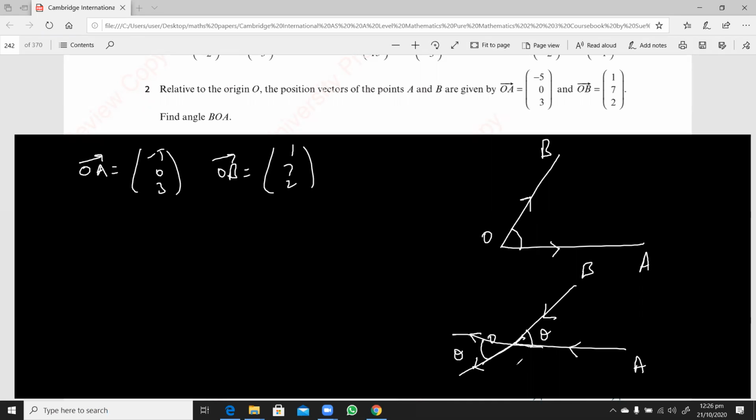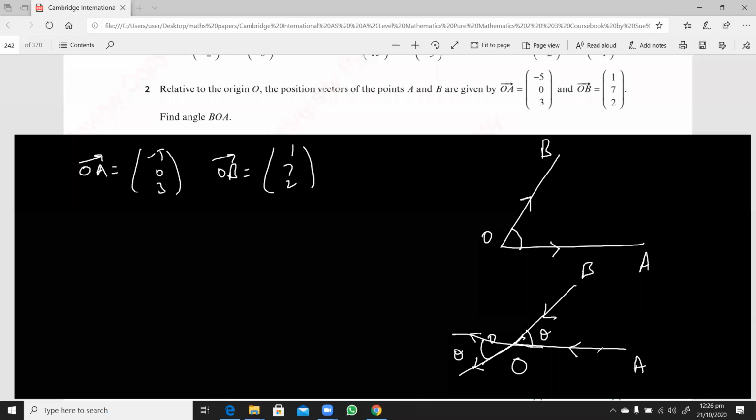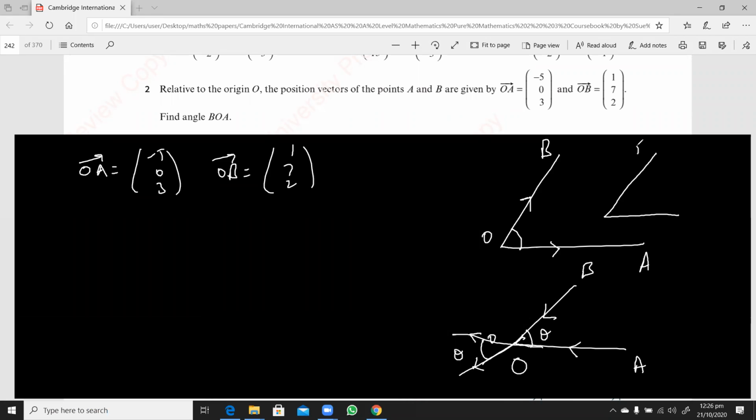And in this case, they are directed towards the vertex, okay? It should not be like this. You have in your mind, I have to find this BOA. So this is going to be this and this. It won't be correct, because this will give you this angle over here, okay? Because you see both these directions are going away from this vertex.